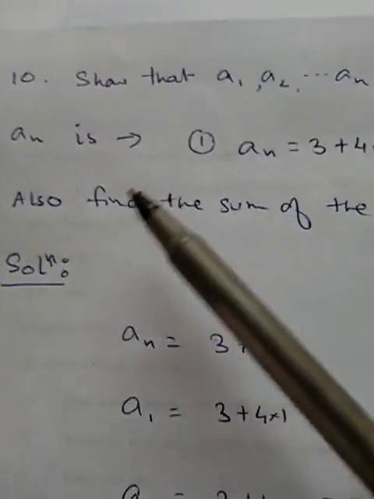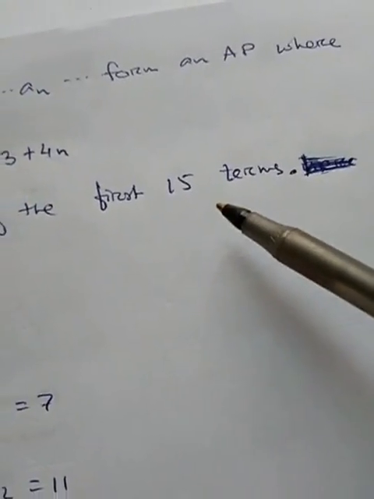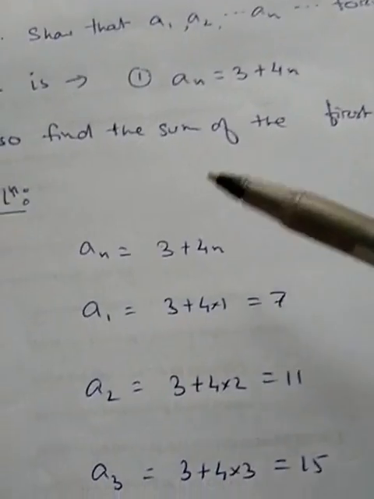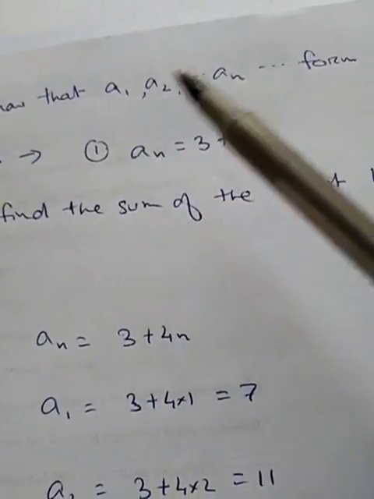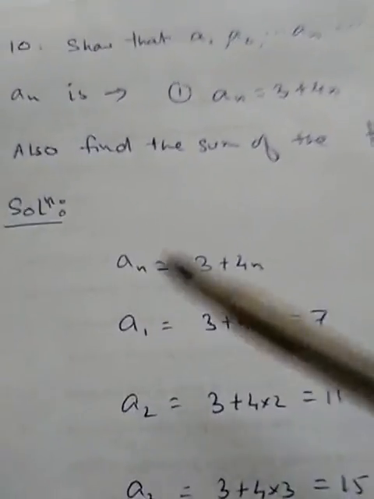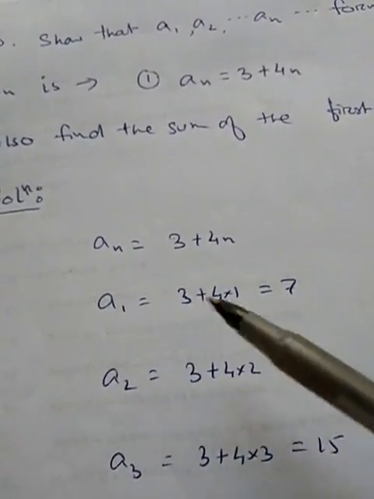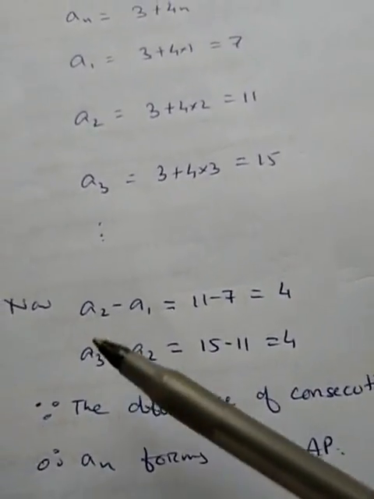Now one more part is given in the question. Also we have to find the sum of first 15 terms. Now the terms form an AP, so you can use the Sn formula of AP. Here a1 means a, that is 7, and d is the second term minus the first term, that is 4.